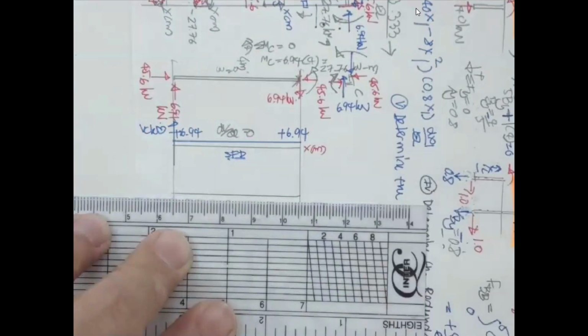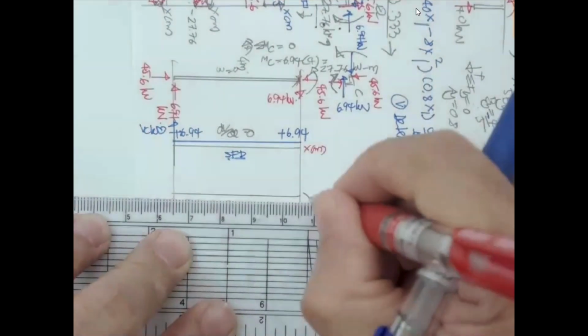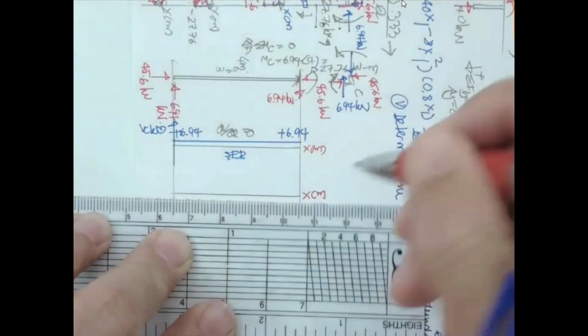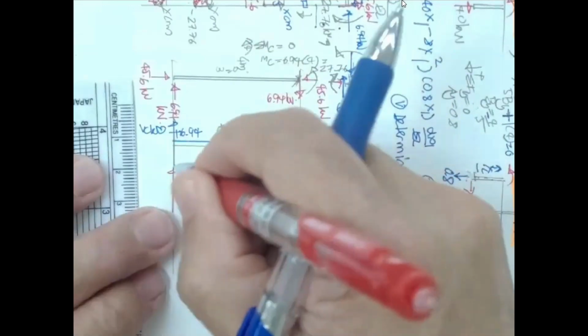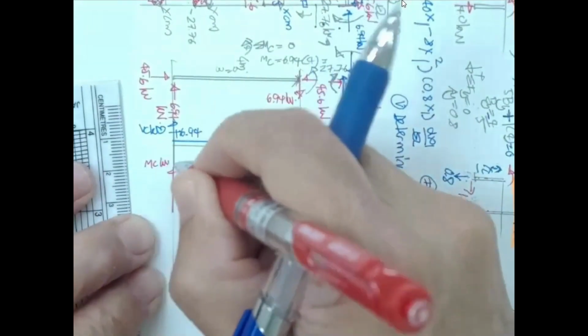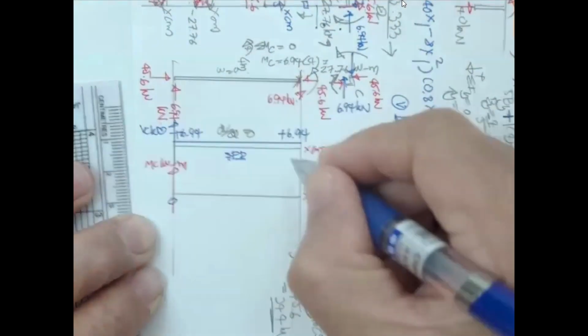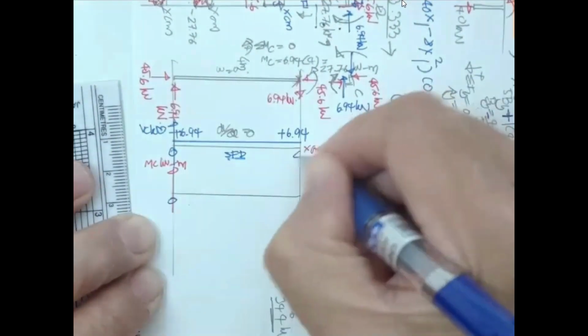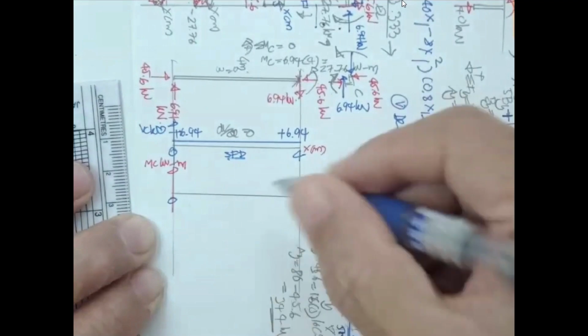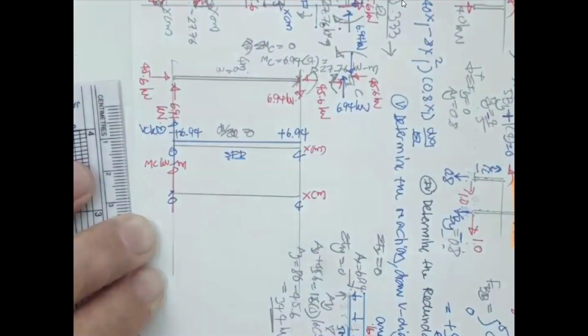And then for the moment diagram, let me put it again. That is going to be x in meters, and this is going to be moment in kilonewton meters, and this is 0, and then 4. This is a pin. Again, a pin has no moment.